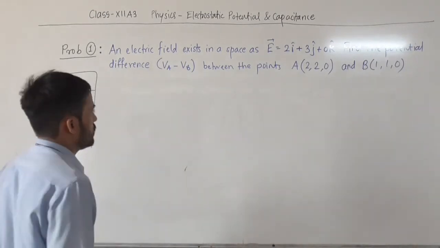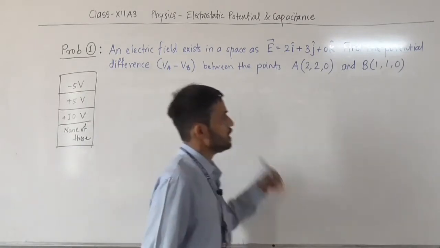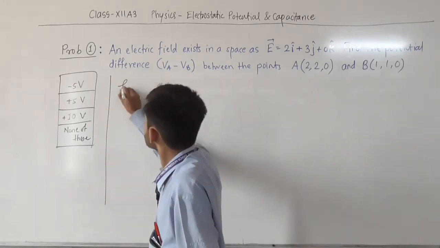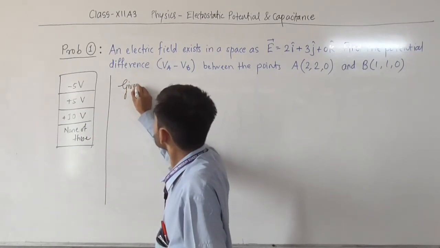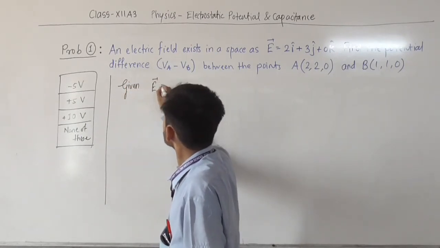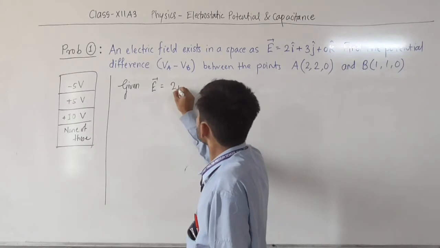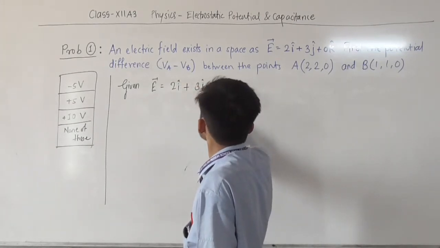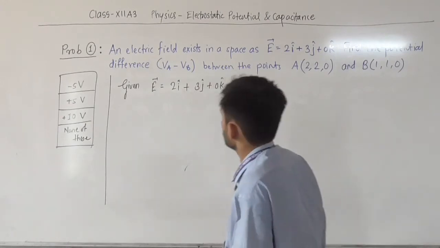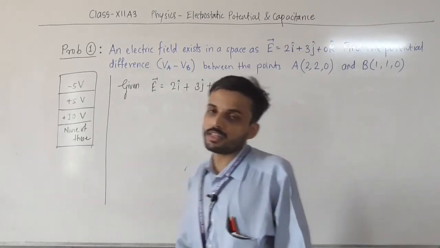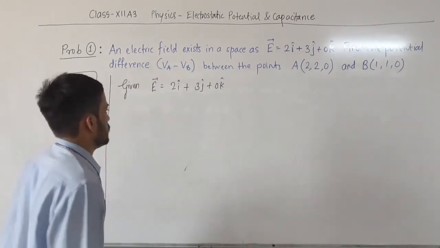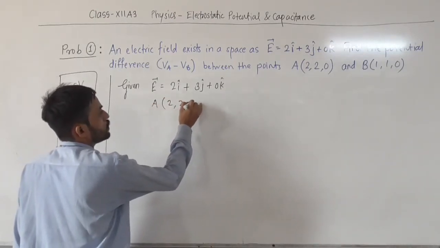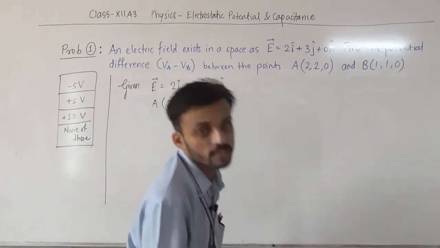Electric field, how it is given? Given electric field E with 2 i cap plus 3 j cap plus 0. Okay. I want to calculate the potential difference. Points are given. A is 2, 2, 0, है ना? Yes.